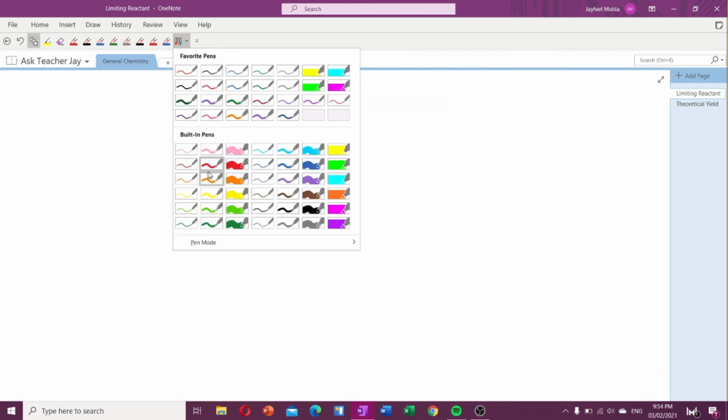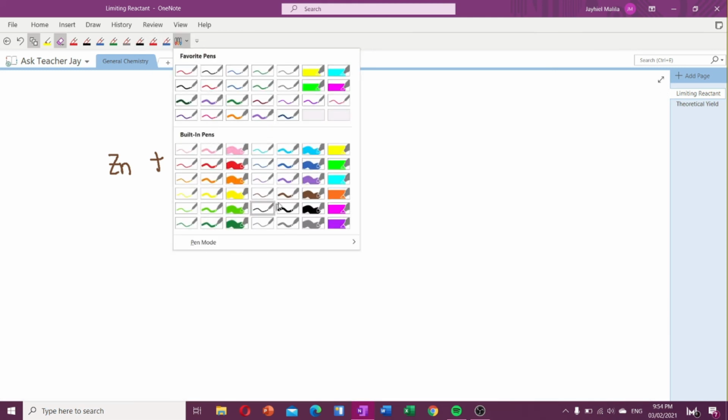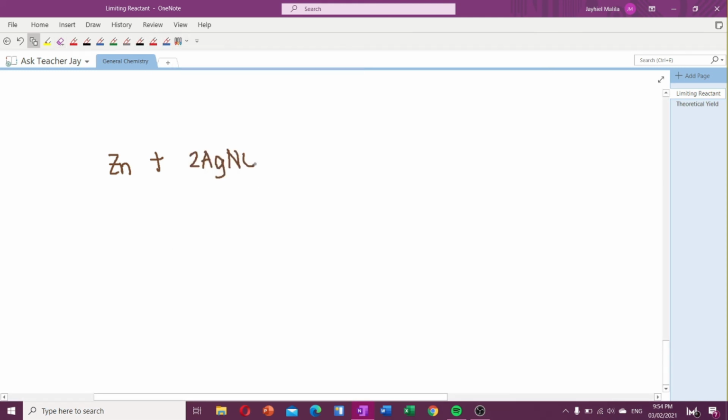So remember that our chemical reaction is zinc plus 2AgNO3 to form 2Ag and zinc nitrate.